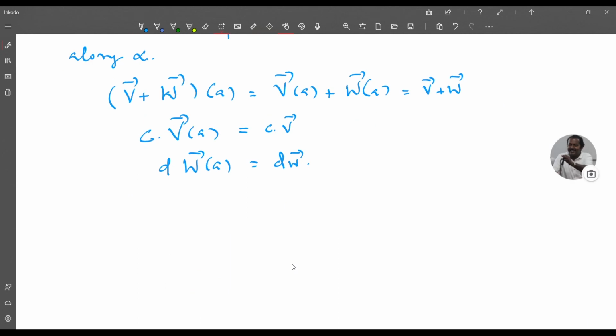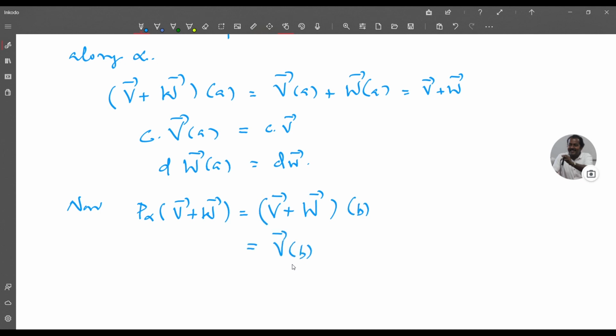Now P alpha of v plus w is actually transporting v plus w at a to (V plus W) at b. So this is V(b) plus W(b).